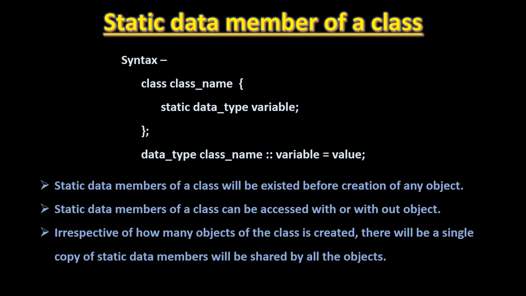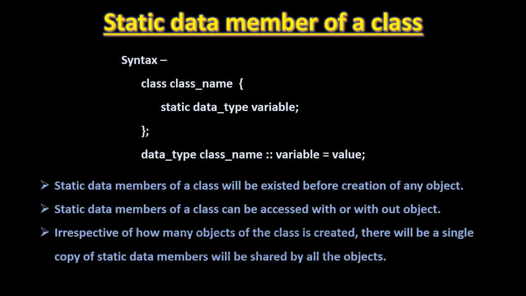Okay. Irrespective of how many objects of the class are created, there will be a single copy of the static data member, and that will be shared among all the objects. What do you mean by this?